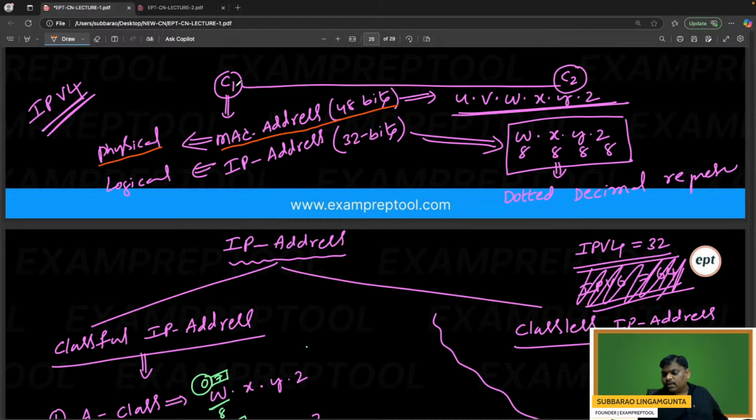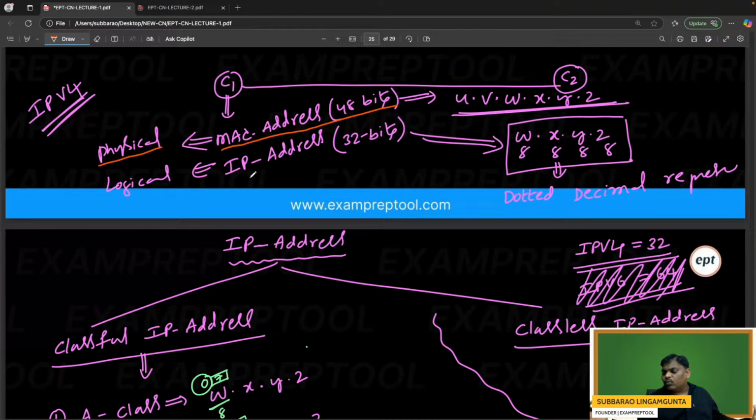Suppose these two computers are connected to the internet. If any computers are connected to the internet, there is a requirement of an IP address. Those people who are working have a working address, your office address.